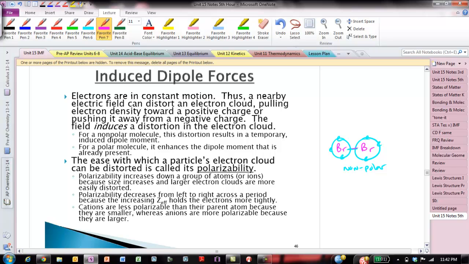This will also happen just naturally all on its own. If you have a Br2 by itself, there are electrons whizzing around here, and they're in constant motion. Think about a ship with people all over it, our crew members, just whizzing about doing their duties.